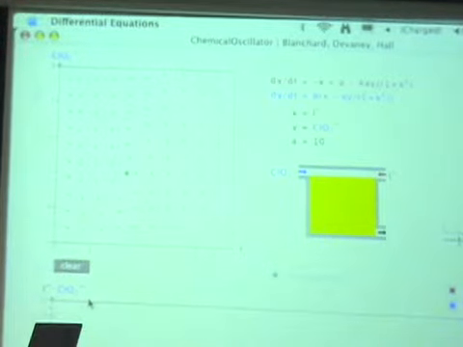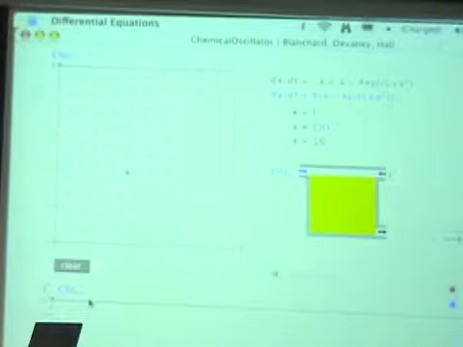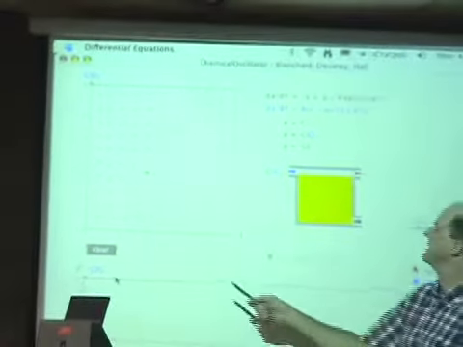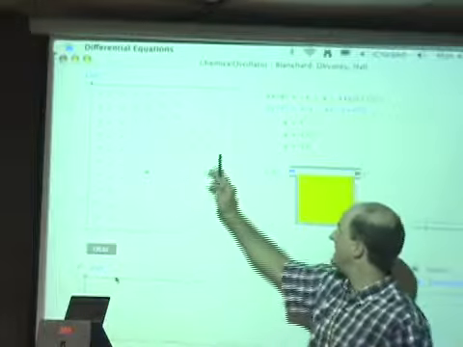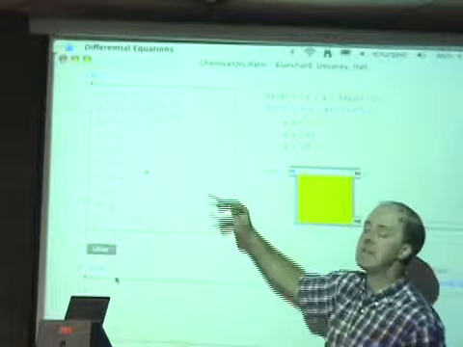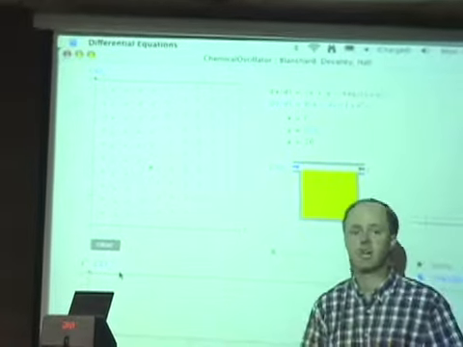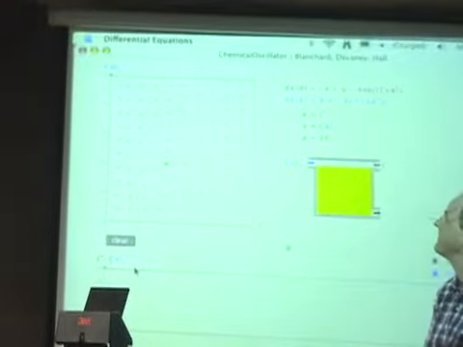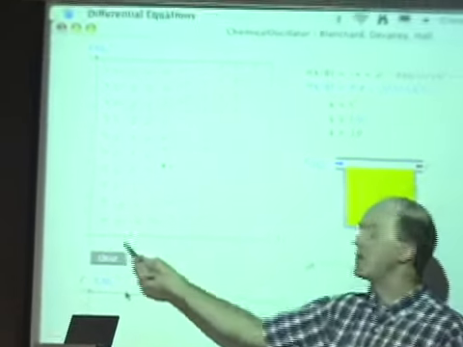I brought up the program called Chemical Oscillator in this particular situation. It's got something that we call a phase plane, which is a two-dimensional generalization of a phase line.